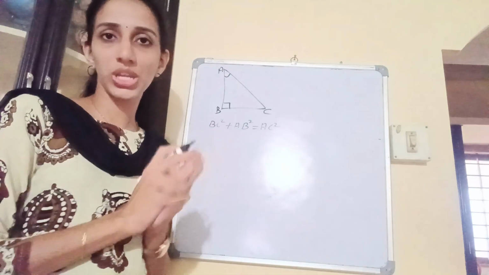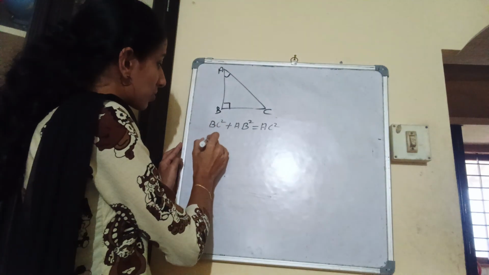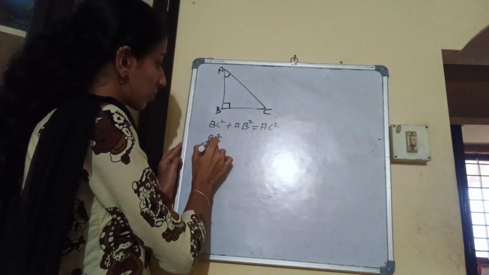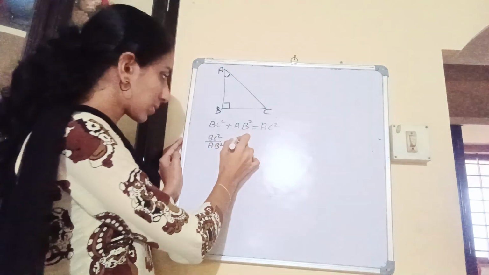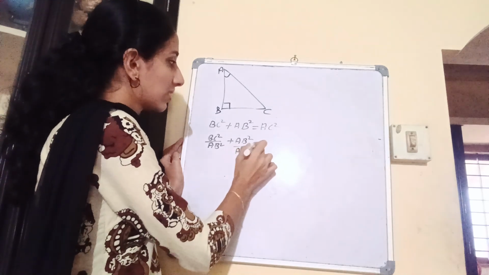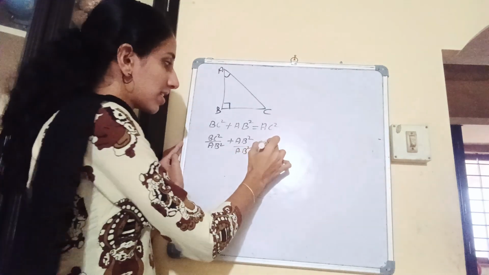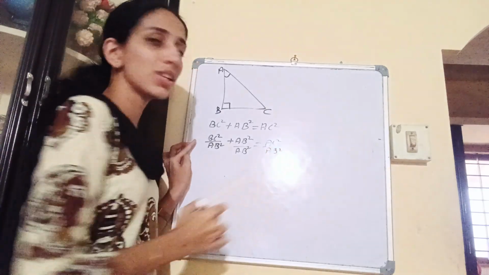So how will the equation become? The equation becomes BC square by AB square plus AB square by AB square equals AC square by AB square. How will you rewrite it?